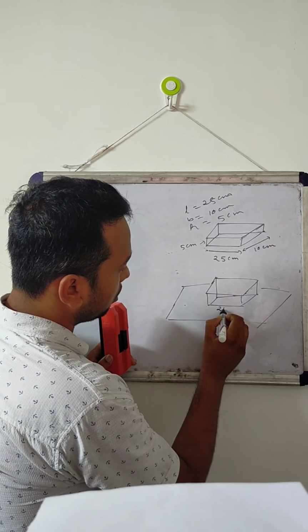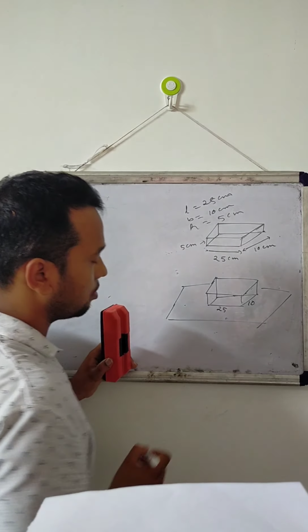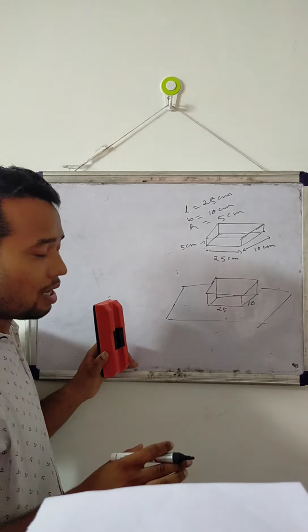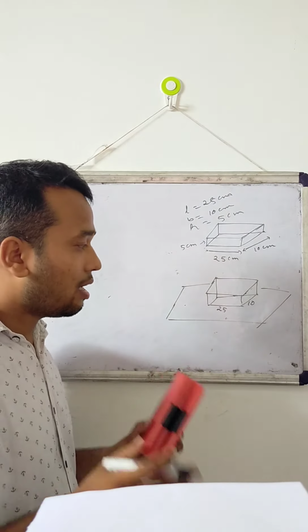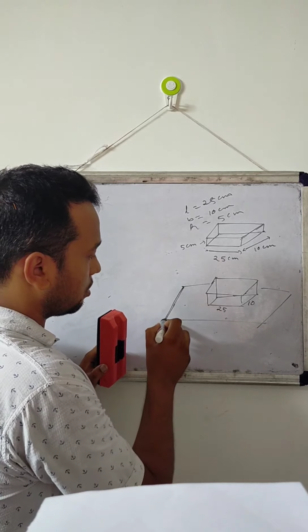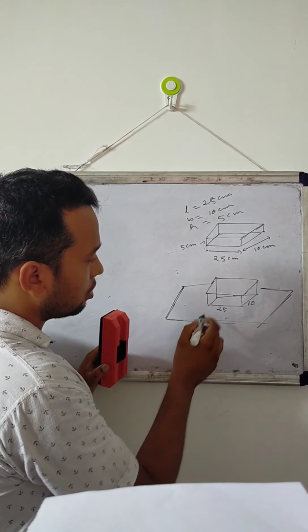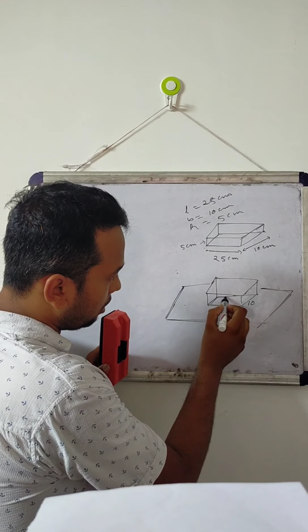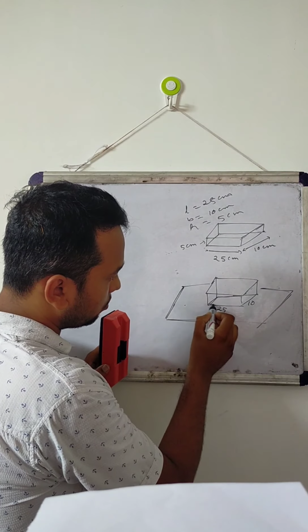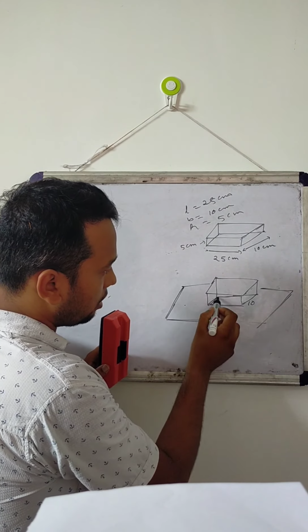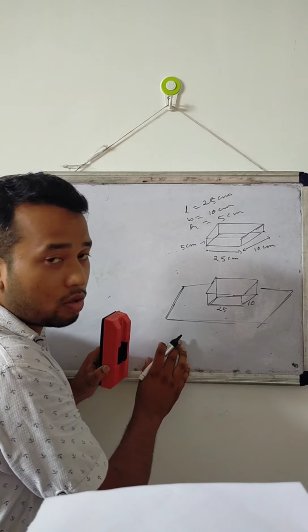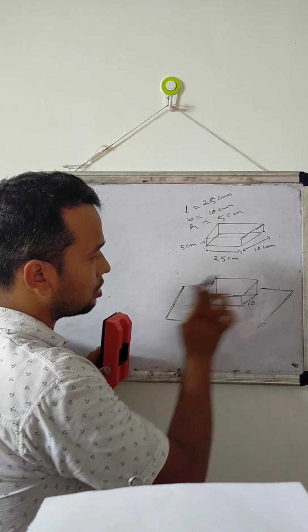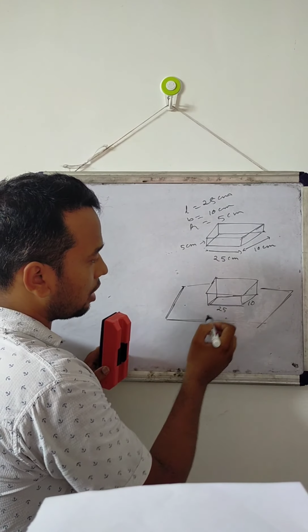So this was 25 and this is 10. So which area is in contact with this surface? The area of this surface is in contact with this surface. Then what will be this area?